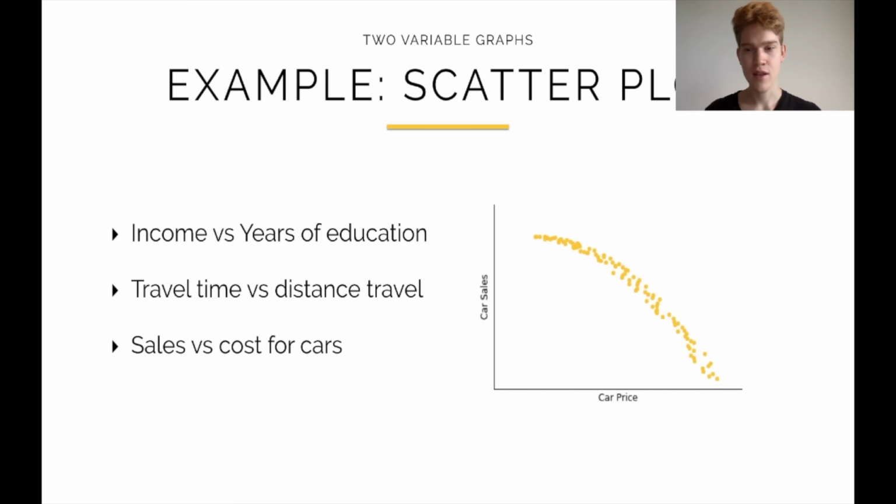We can also go back to one of the earlier examples that we used very early on, where we talked about people traveling to work, and we can just plot the distance traveled versus the time it takes them to travel to work. And then maybe we can see that some people travel faster. It could be that some people travel the same distance, but one takes longer than the other because one goes by car, the other one goes by bike, the other one takes public transport, all of these things.